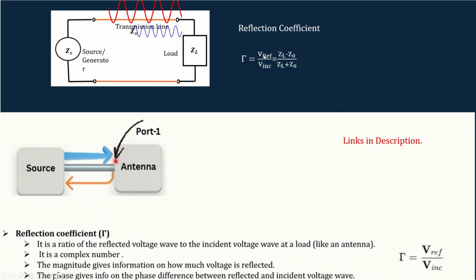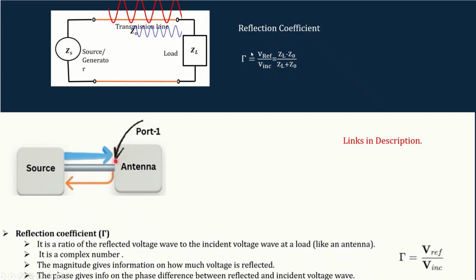The reflection coefficient is the ratio of the reflected voltage to the incident voltage, so tau is equal to V reflected by V incident. It is related to the load impedance and the characteristic impedance by the expression (ZL minus Z0) by (ZL plus Z0), where Z0 is the characteristic impedance and ZL is the load impedance.